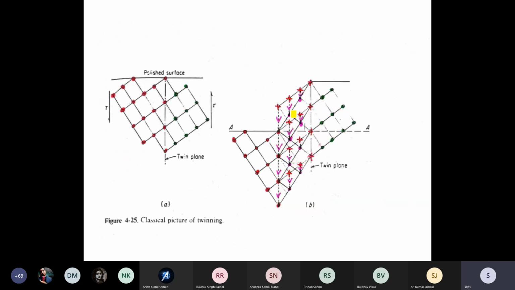So in the twin region, every single atom moved by a distance which is a fraction of a lattice constant, and it took the arrangement in such a way that it becomes the mirror image of the rest of the untwinned region across the twin plane. Crystal structure does not get changed in the twin region. Only the orientation of the atoms gets changed. Never ever the crystal structure.